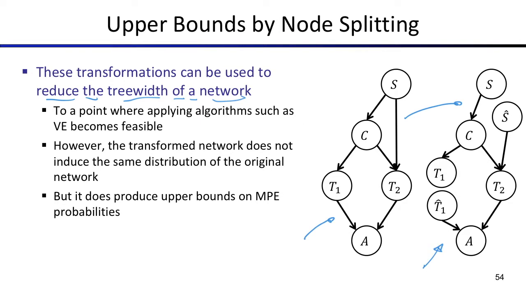But as you may suspect, the probability that we compute with an MPE query in this split network will not be the same as the MPE probability that we compute in the original network. But we can show that it will be an upper bound. So we can use those probabilities as upper bounds to speed up the search that we do with our procedure of systematic search.